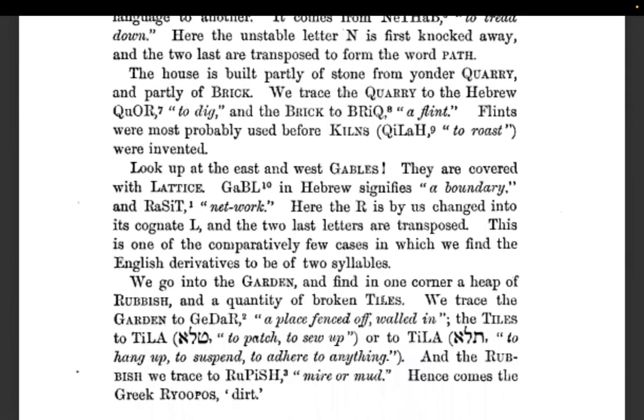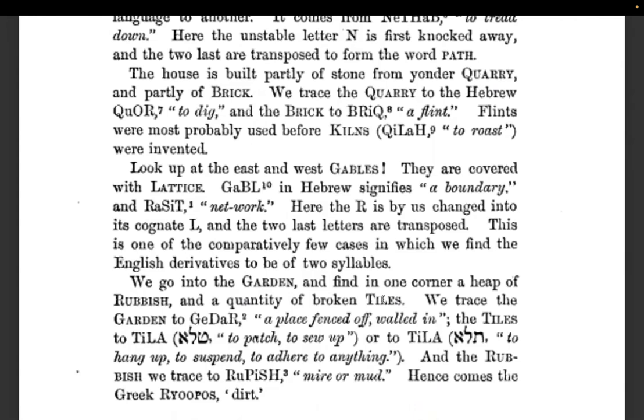The house is built partly of stone from yonder quarry, and partly of brick. We trace the quarry to the Hebrew word kuor, to dig, and the brick to brick, a flint. Flints were most probably used before cleans or clines, from kila, to roast, were invented.